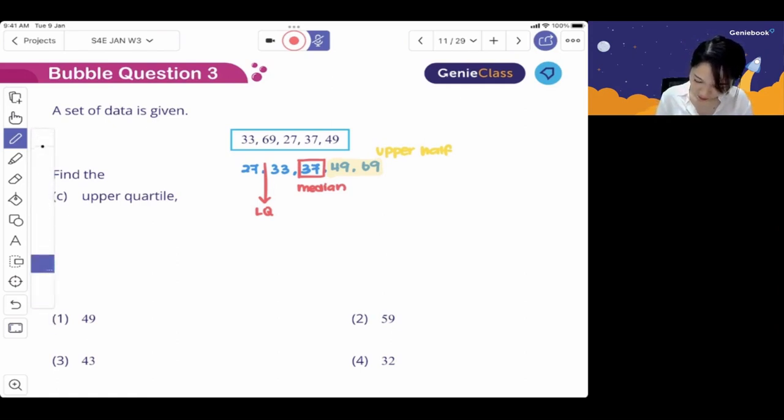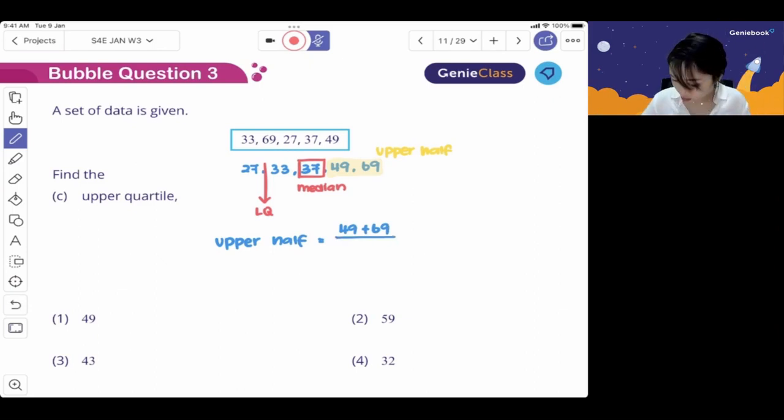Very well done. For the middle value in your upper half, you have two values, 49 and 69. To find that middle, we will take the average of these two numbers. So again, 49 plus 69, and then we divide by 2. That will give us 59. Option 2. Very well done this time.